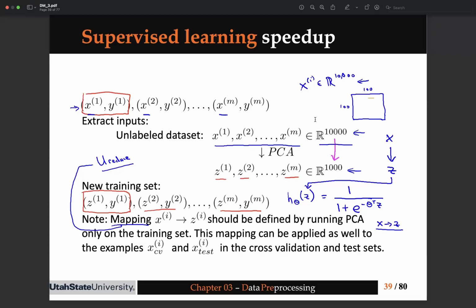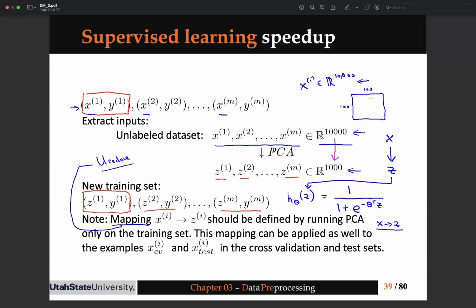So this is just an example of a speed up. Let's say that I have a data set of M tuples or M objects. X1, X2, up to Xm are my objects or my rows, and Y is their corresponding classes. In this case, we have images of 100 by 100 pixels, which tells me that our data set is in a 10,000 dimensional space.